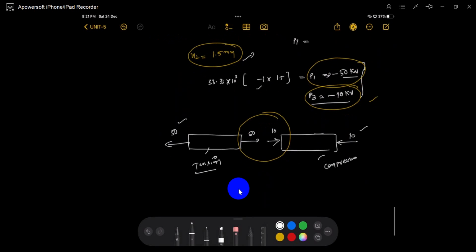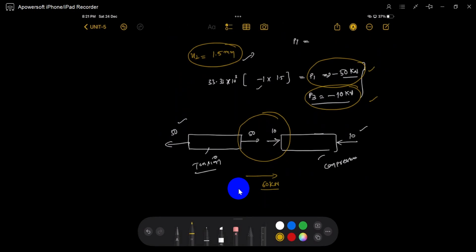Compression and tension. See the joint value. What is the joint value? It's 60. Understood? 60. Exactly matching. So it should be equal to p1 plus p2 equal to 60. So if you know one value, you can easily find out the second value. The second value is 10. One is 50 and second is 10.